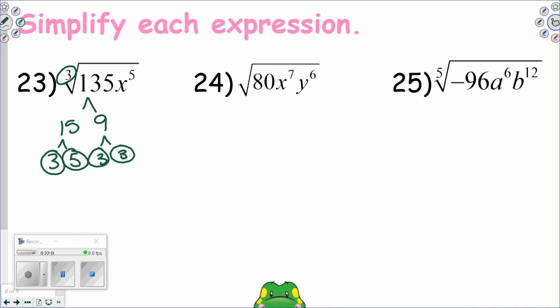I need 3 in a group. So what comes outside? A 3. All right, what stays underneath? The 5 stays underneath. Don't forget your little index. Can I take a group of 3 from here?